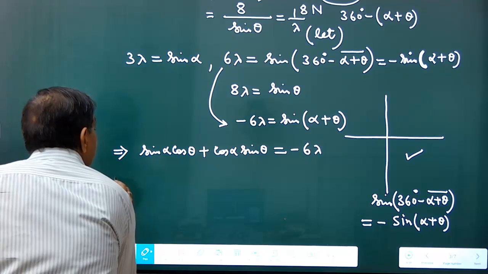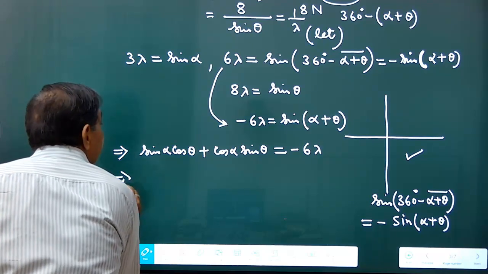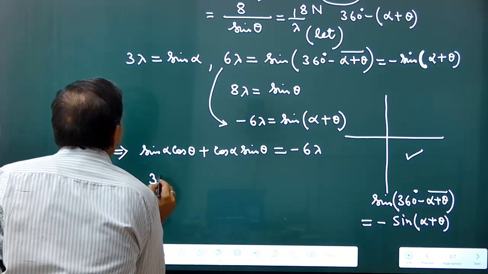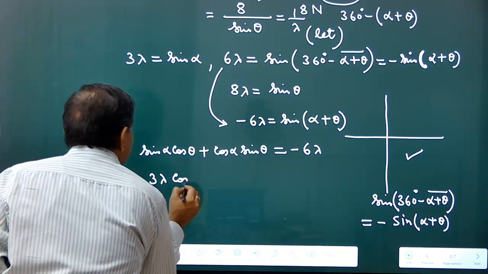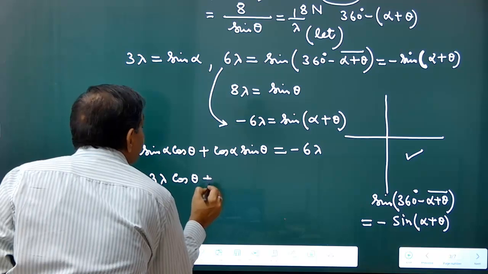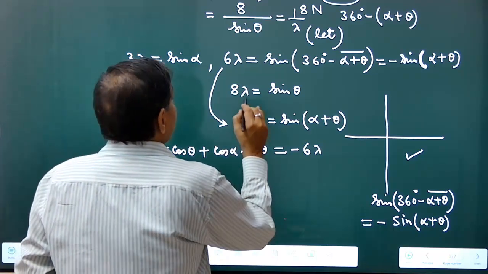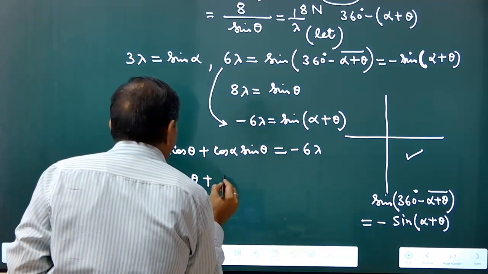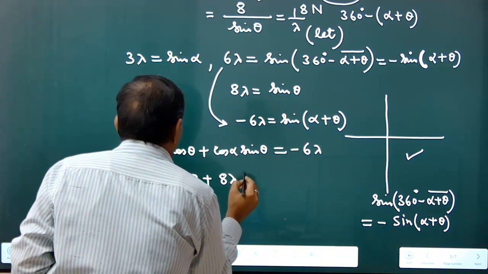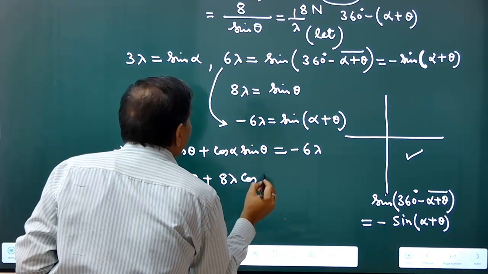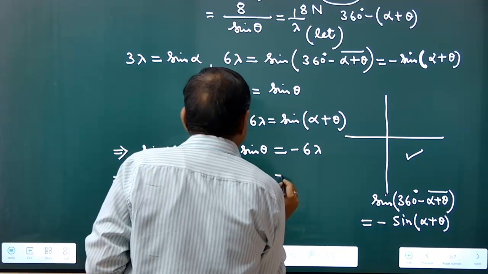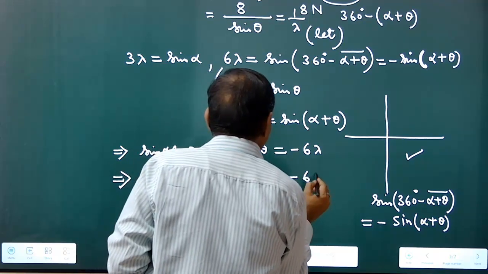So this implies 3 lambda cos theta plus 8 lambda cos alpha is equal to minus 6 lambda.